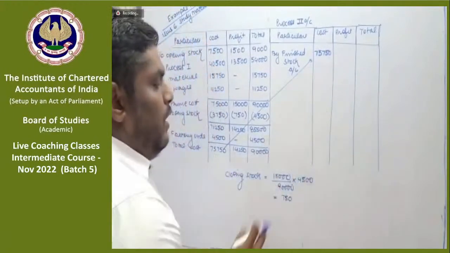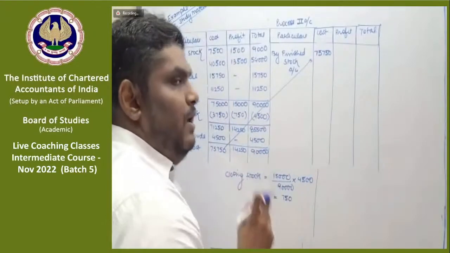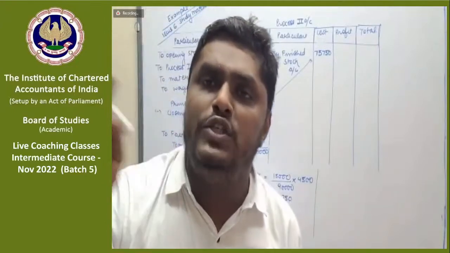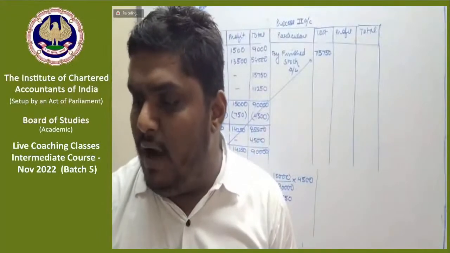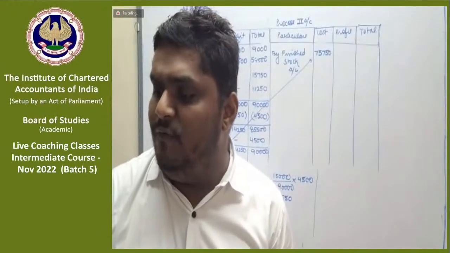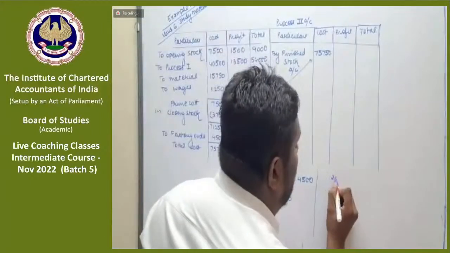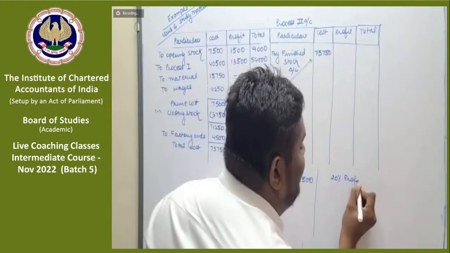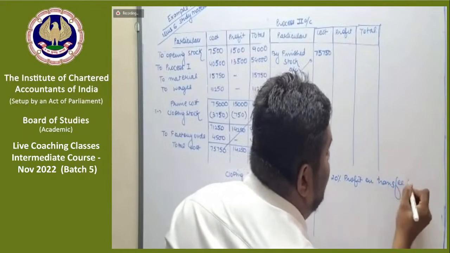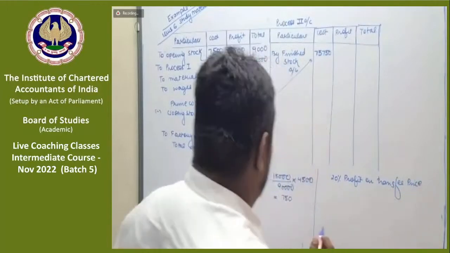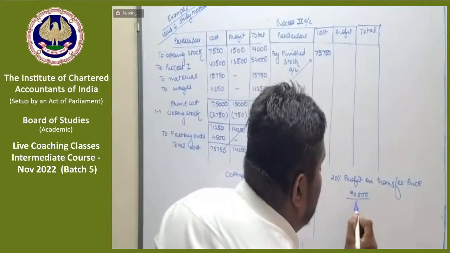When talking about the calculation of the total part, this will be calculated on 90,000, because that is the cost plus transfer price till date. Now it is given that the output of process second is to be transferred to finished stock at 20% profit on transfer price. So this 90,000 is equal to 80%.